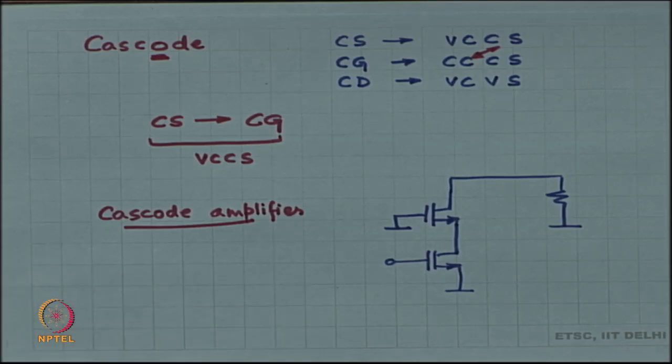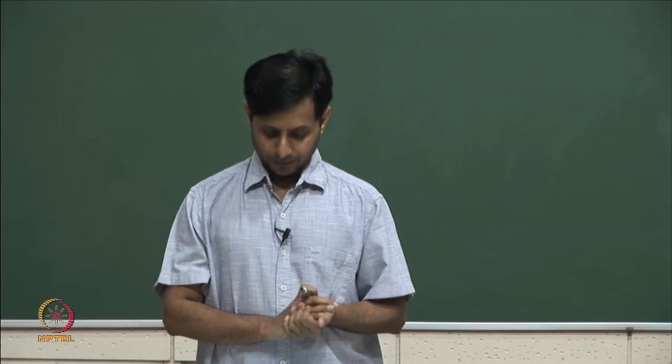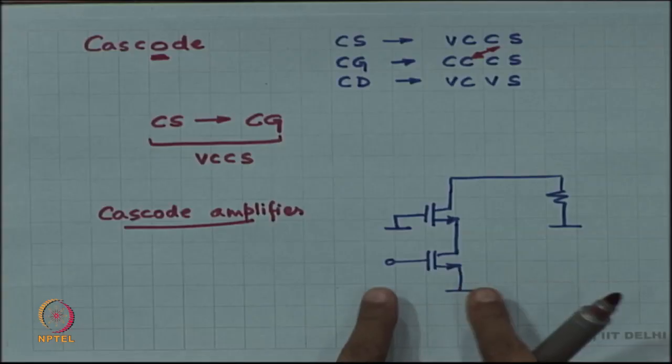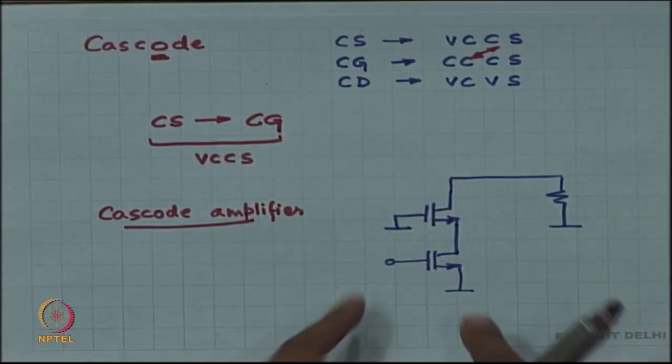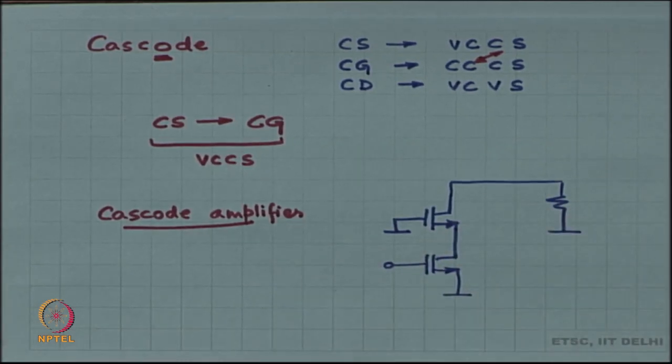Okay. But what we are going to see is that we do not really always have to worry about voltage gain. Maybe, for example, in this circuit your input is a voltage, output is a current, right, it is a voltage controlled current source. So, maybe we can even work in the current domain instead of the voltage domain.